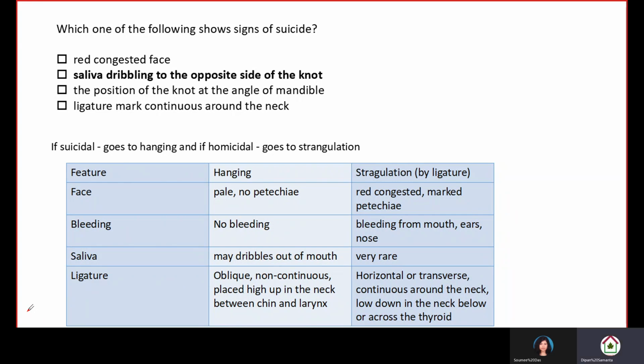First of all, red congested face supports strangulation, and strangulation means homicidal. So it's not suicide, right? Here they asked for signs of suicide.